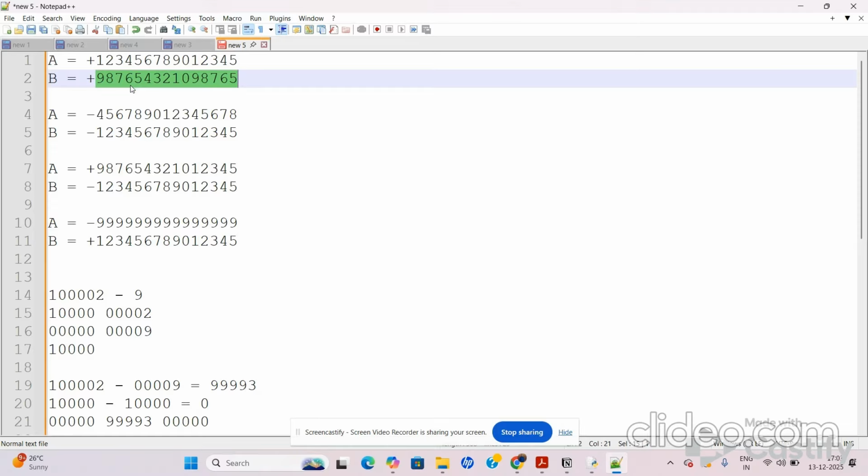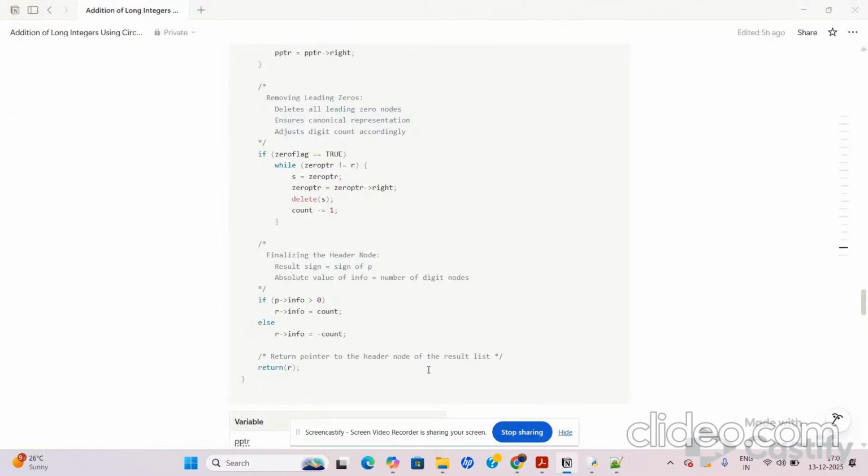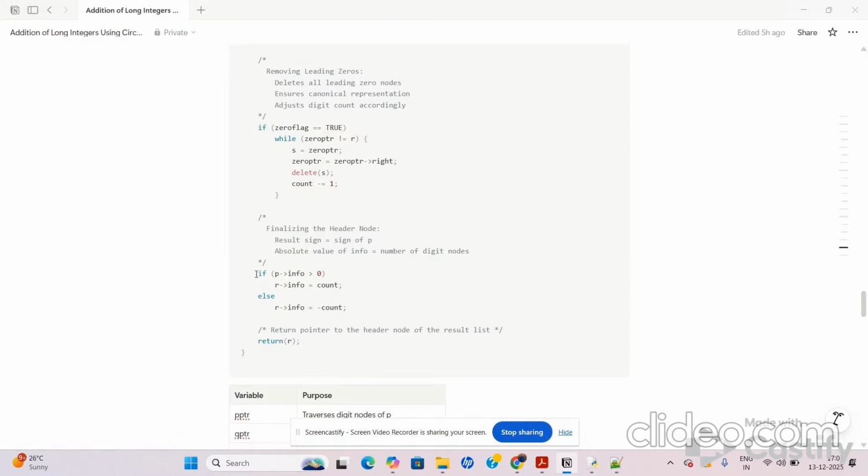So that count and the sign of the larger number is stored. In this case both are negative, the larger magnitude value is also negative, so the sign of the larger magnitude number is preserved. Okay, so that is taken care of here.